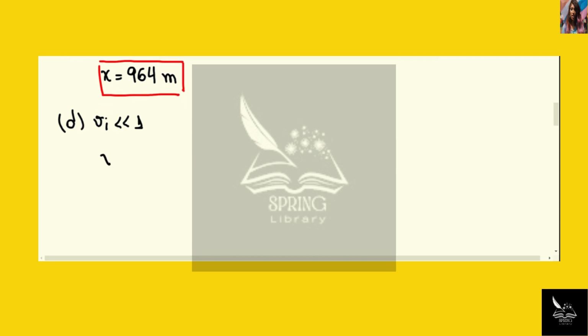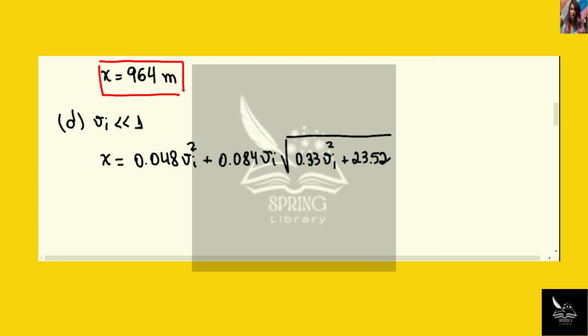So what we have is x equals 0.048 vi squared plus 0.084 vi times the square root of 0.33 times vi squared plus 23.52. And I'm going to write this equation a little differently.